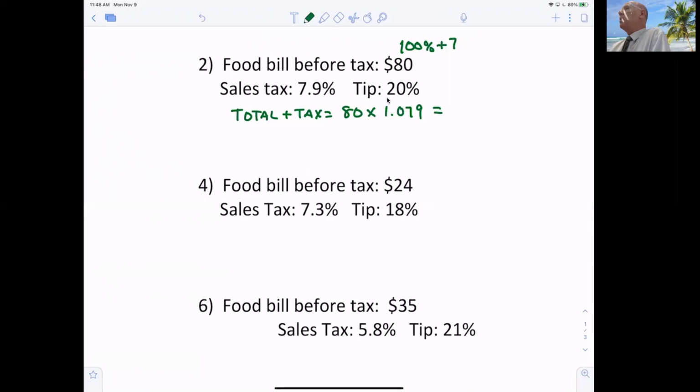Remember, you're rounding to the nearest penny. $107.9. Did anybody else get that?